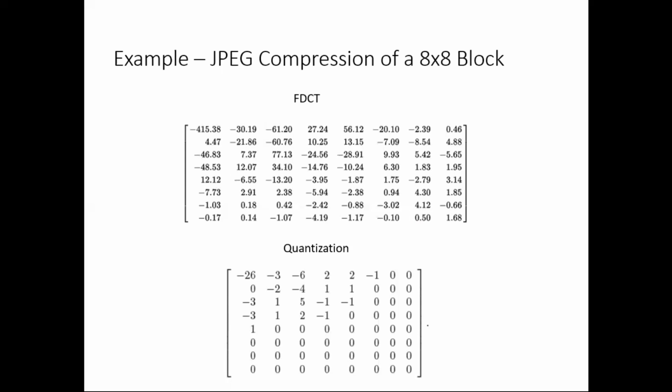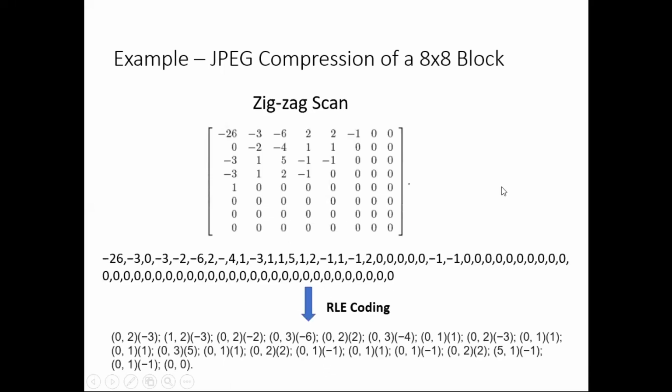We take this table, consider the relevant pixel one by one, divide the respective pixel value by the value from the quantization table, again round the value, and place it in the respective place in the result, right? After performing the quantization, we come up with a bunch of zeros, right?